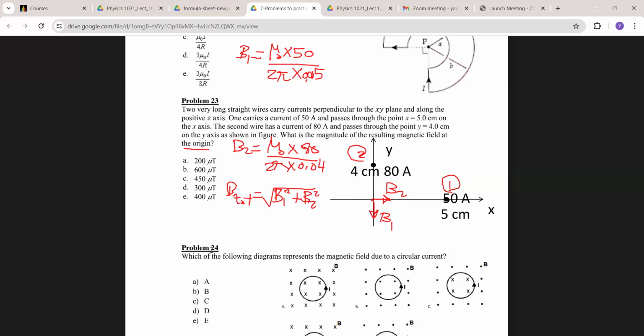Mu naught over 2 pi is a constant, so we can factor it out: mu naught over 2 pi times the square root of (50 over 0.05) squared plus (80 over 0.04) squared.